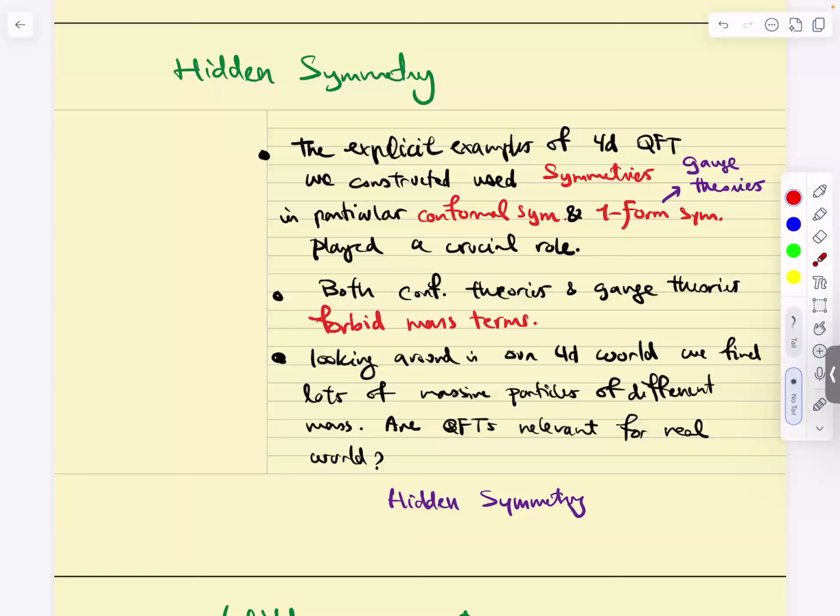This means that if these are to be used for modeling nature, we're going to struggle with explaining mass. Looking around in our 4-dimensional world, we find lots of massive particles of different mass, right? We do all sorts of experiments, and with Poincare representation theory in terms of mass and spin, we discover these particles. And they all have different masses.